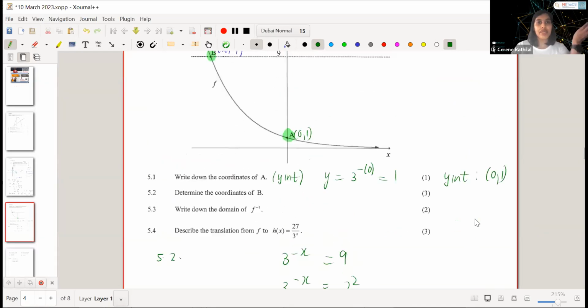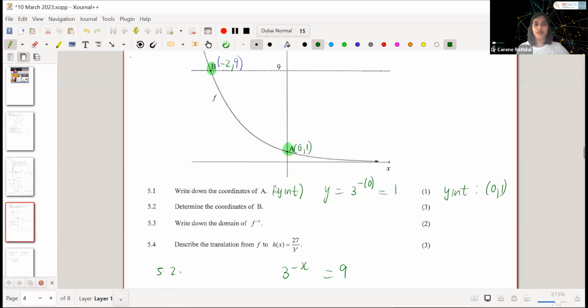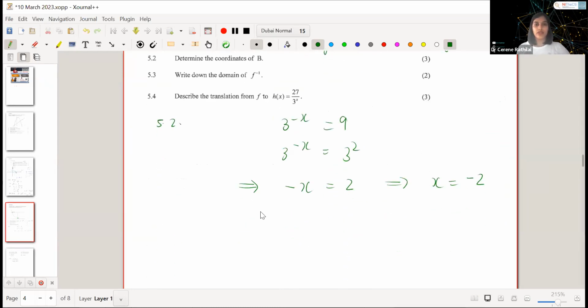Now I know that this x I can replace by minus 2. So it's (-2, 9), and that is the coordinate of B. So to answer the question, B equals (-2, 9). That's it.